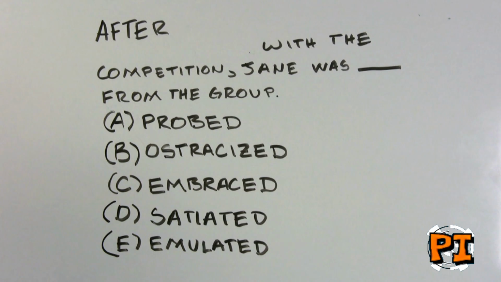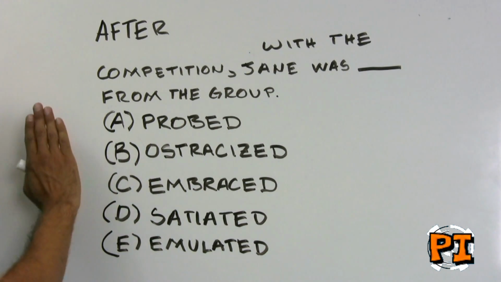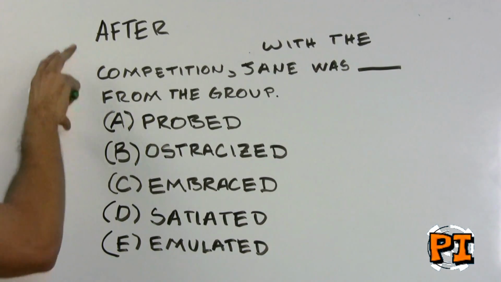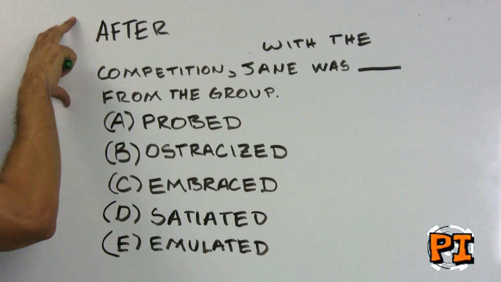Jane was probed from the group, Jane was ostracized from the group, Jane was embraced from the group, Jane was satiated from the group, Jane was emulated from the group. Some of these may sound right, some may not, but the point is you want to avoid focusing on the answer choices until you have a very clear idea of what the question is actually saying.